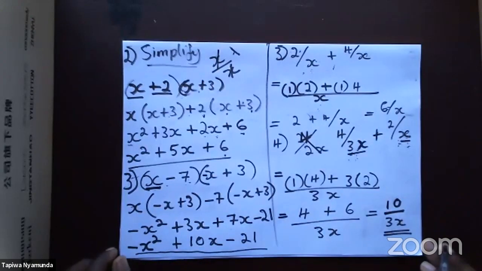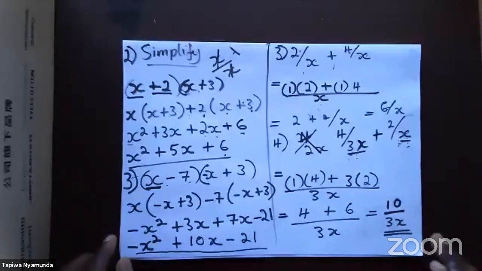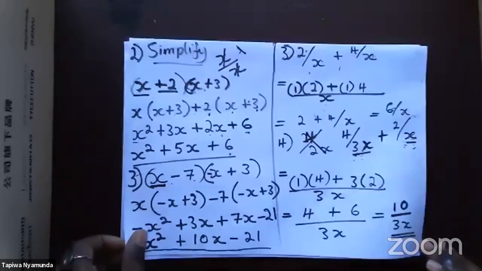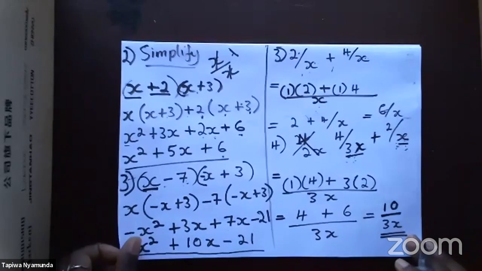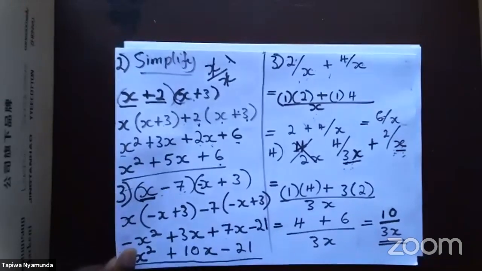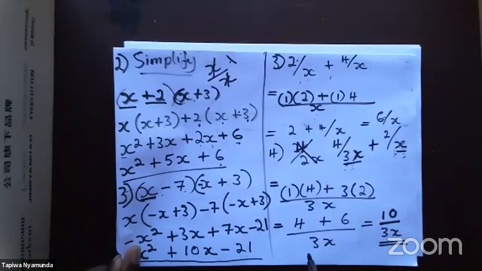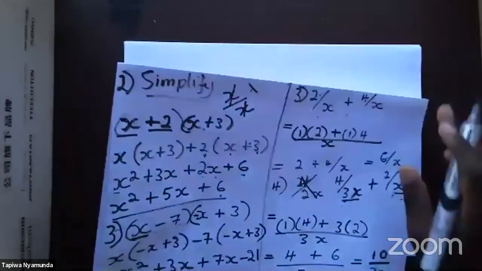Oh, which part are you confused with, Erin Peters? Okay, don't worry, guys. Just copy everything. Then we will do another question like this. Then we will see if you still have questions, Erin. Okay.